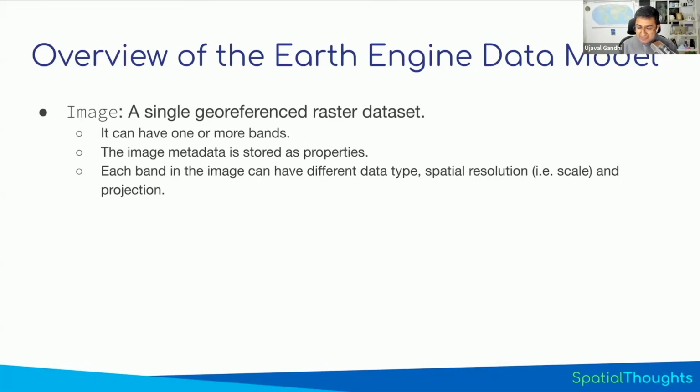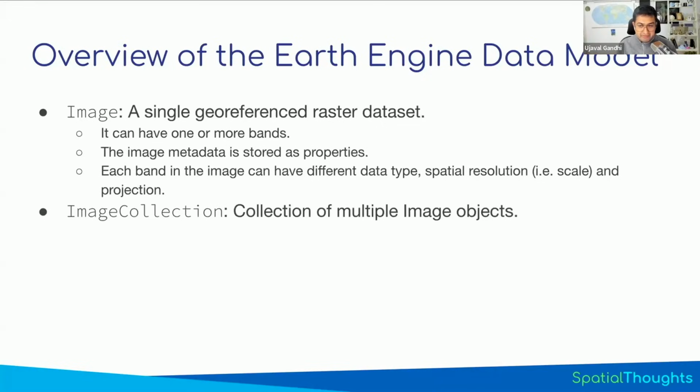Earth Engine has a more flexible data model. So if you see an image, it might have 3 bands. One might be a binary band, one might be a floating point, one might be an integer band. Each of them might be in a different projection, and that's totally fine. Earth Engine supports that. Something to be aware of if you're working with multi-band images: you might have bands which are in different projections.